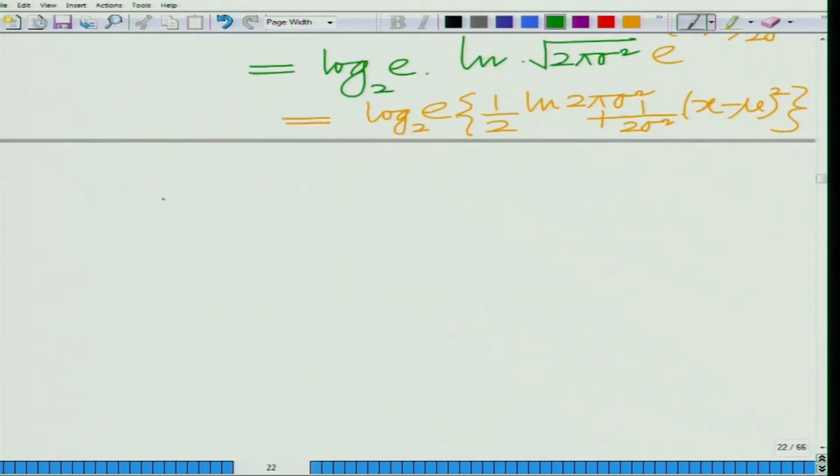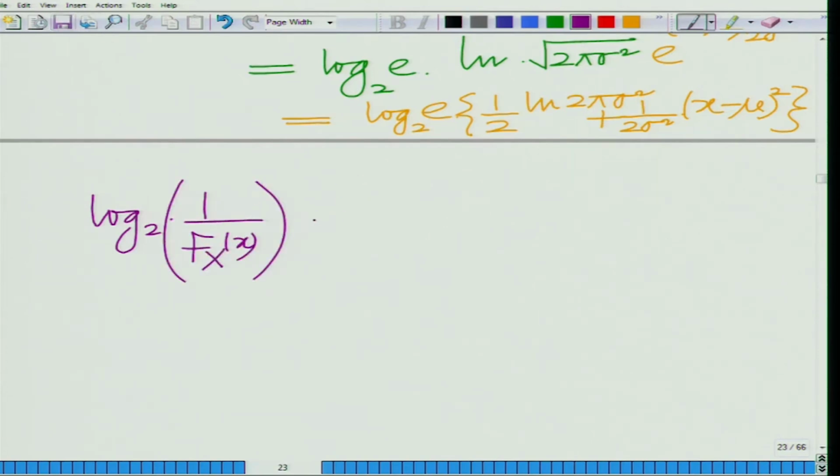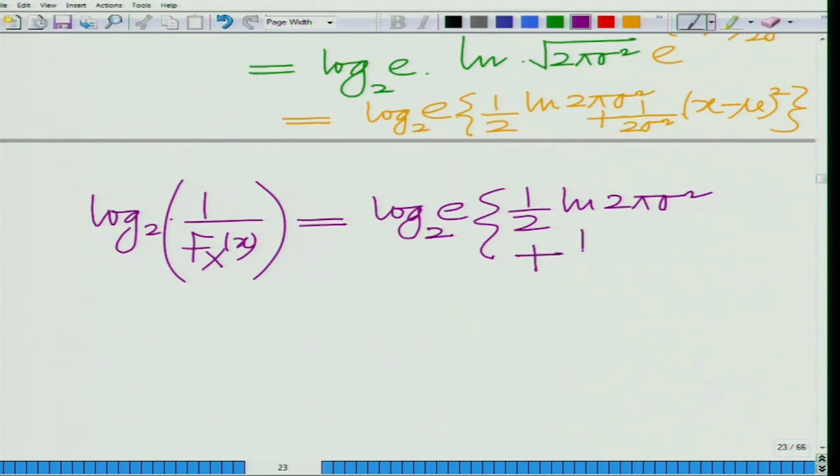So, log to the base 2 of 1 over f of x is equal to log e to the base 2 times half log 2 pi sigma square plus 1 over 2 sigma square times x minus mu whole square. We have simplified the expression for log to the base 2 of 1 over f of x.